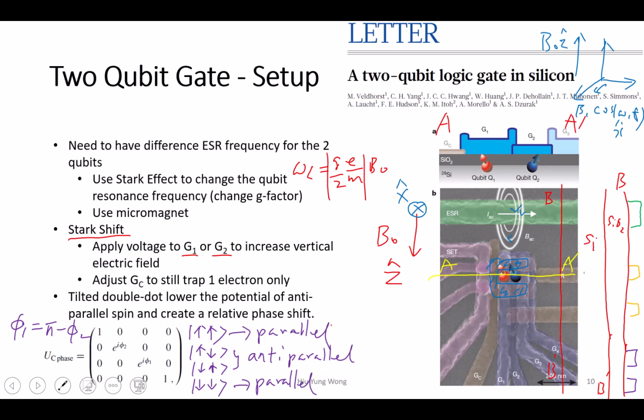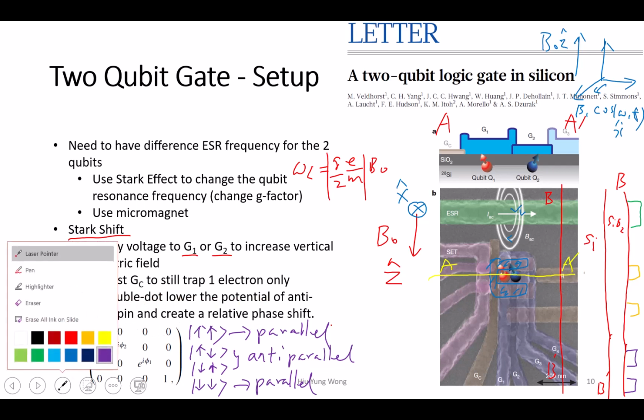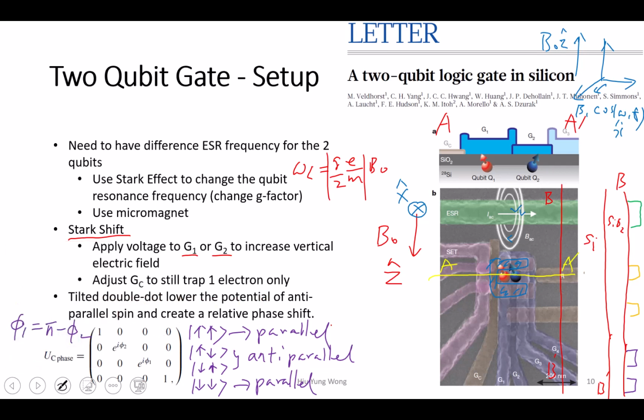So how do they do that? It is proven that we can do this if we use a tilted double dot. What does it mean? If we look at the potential well under G1 and G2, it is like this. This is below G1, this is below G2.